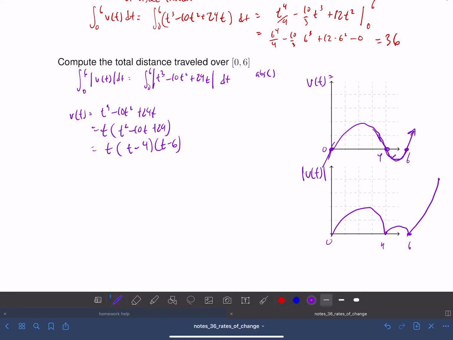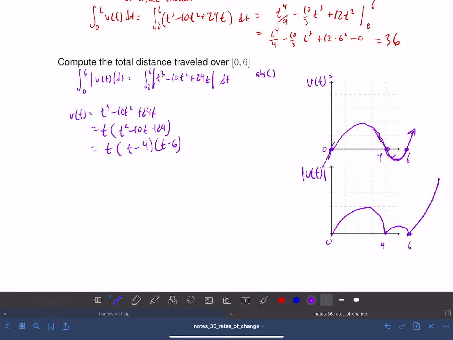There we go. So it took this negative part and flipped it. So now it's up. If we're going to integrate from 0 to 6, we're going to split this integral into two pieces. We're going to integrate 0 to 4 and 4 to 6 separately.